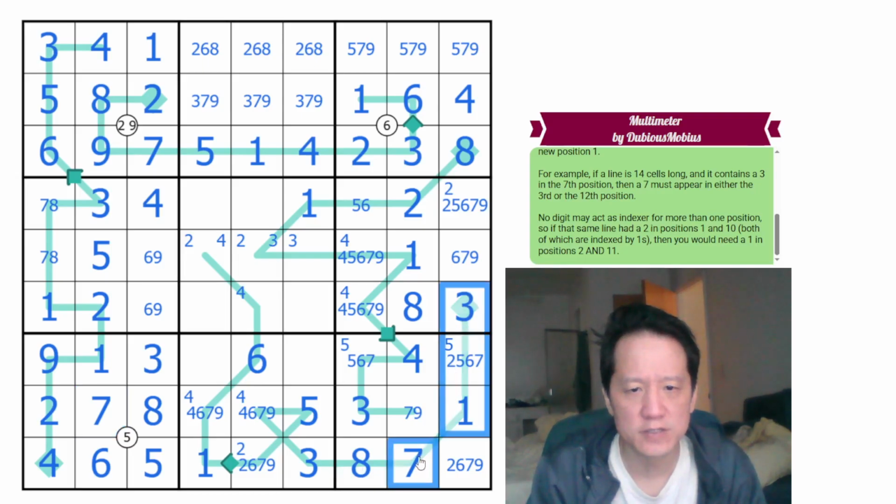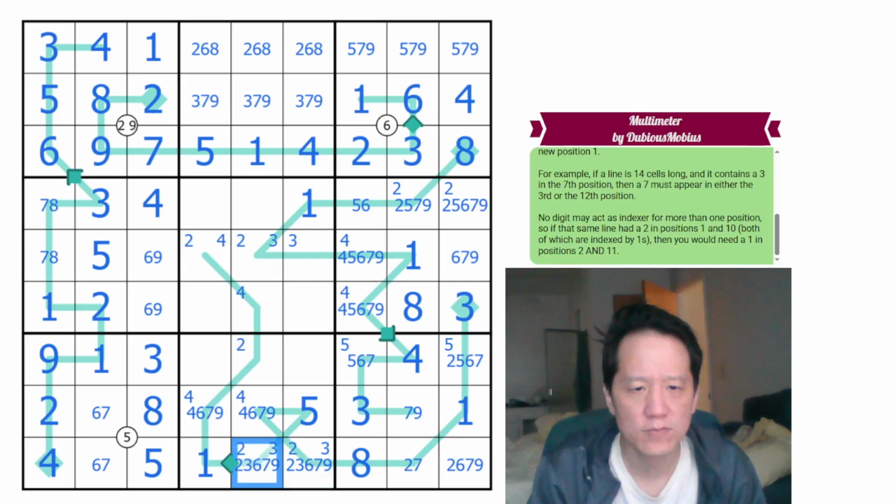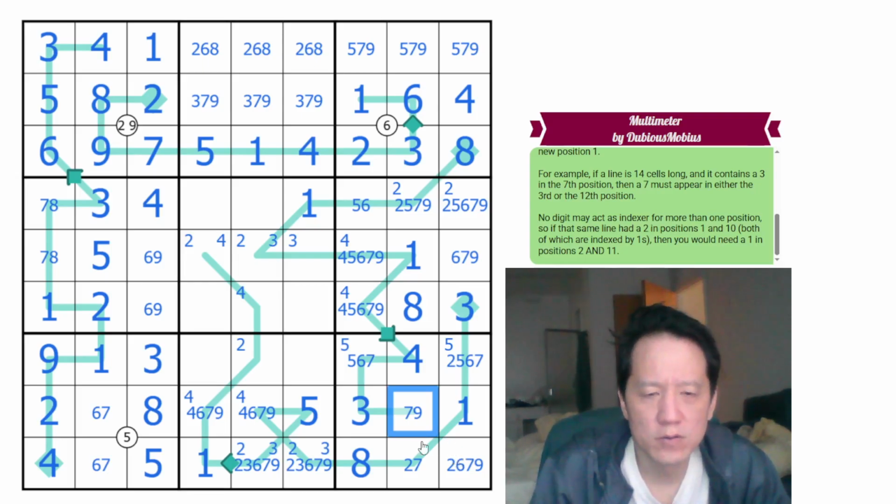This 7 says there has to be a 4. Hold up. Okay. One of these... Huh.